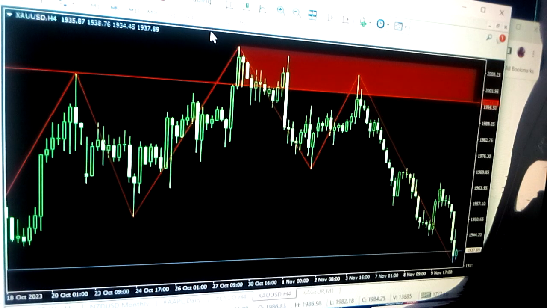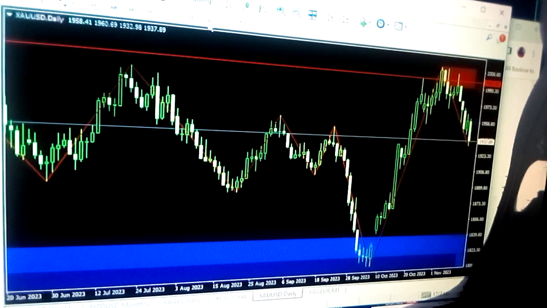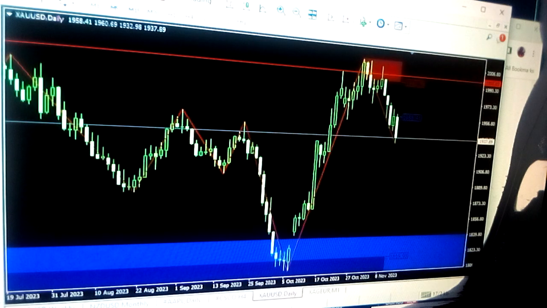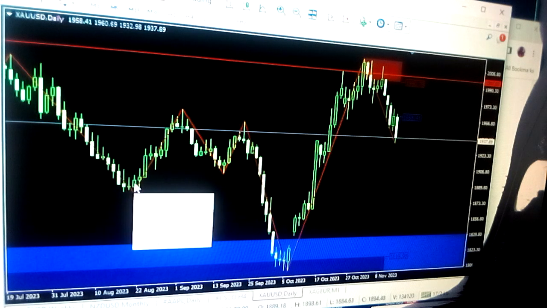So at the same point, let me explain something so that you may understand what I'm trying to say. After an M pattern, we normally drop down. After a W pattern, we normally go up. So let me explain in another simple way. Let us look at this chart here. What do you see? Let's begin from here.